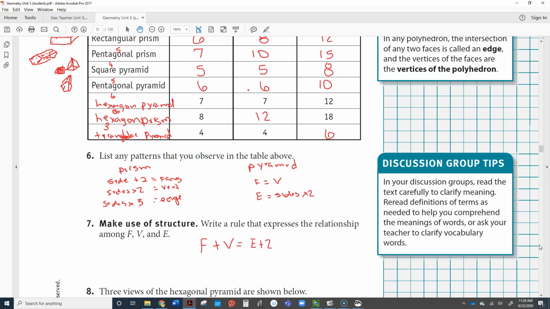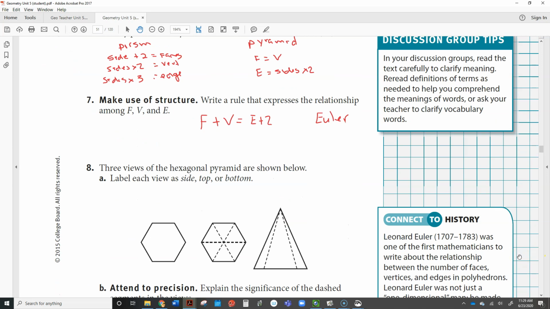Now that is an equation that can be solved for many of those variables. I believe that's called Euler's, it's one of Euler's rules or laws or formulas. And it's spelled E-U-L-E-R. Looks like Euler, but it's pronounced Euler.